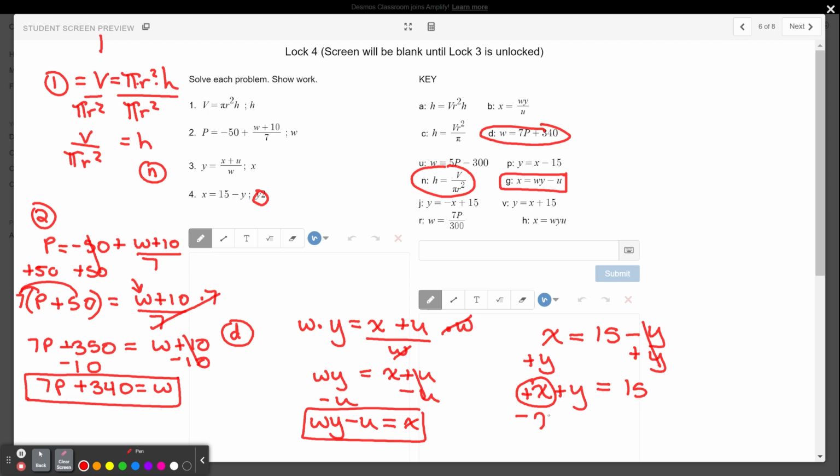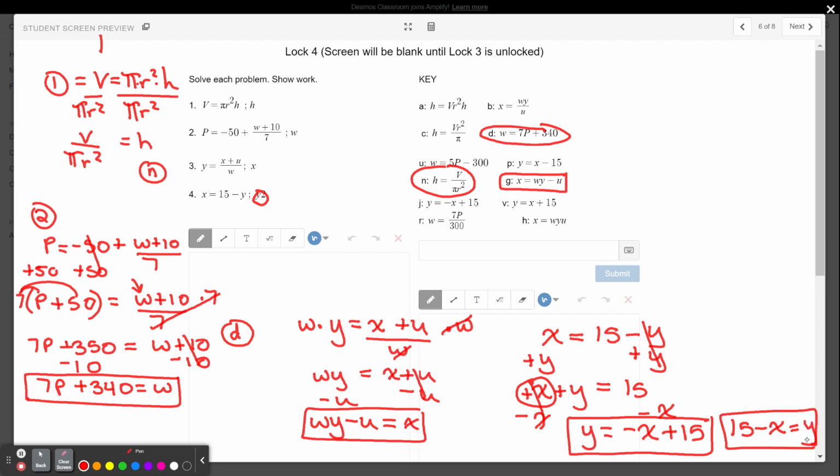So then we want to minus x on both sides. So then y equals, I like to put the x first, negative x plus 15. You could do 15 minus x equals y. There's a few different ways to write it. You just want to be careful and make sure that the negative sign stays with the x. So that would be our letter J.